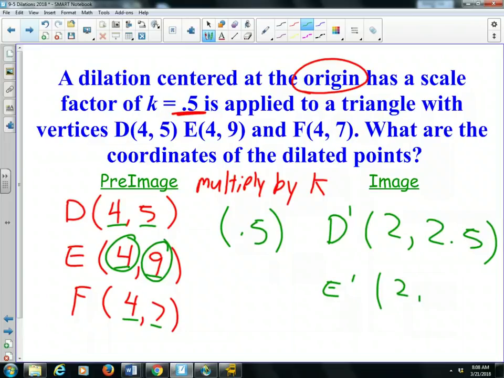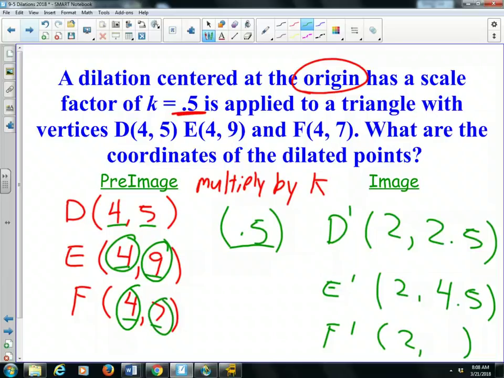I multiply 9 times 0.5 and I get 9 halves, or 4.5. There's E prime and F prime. I simply multiply by the scale factor of 0.5. 4 times 0.5 is 2. And 7 times 0.5 is 7 halves, or 3.5. All right, last one for the day.